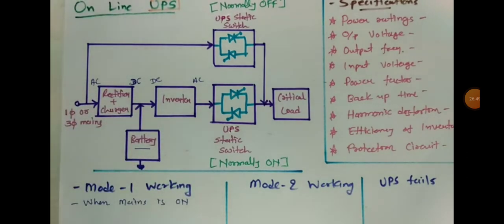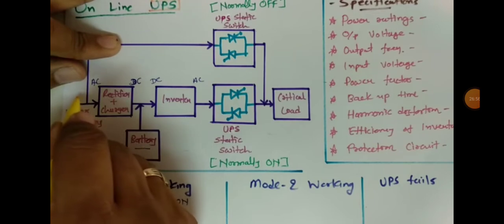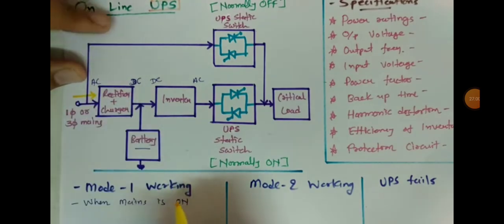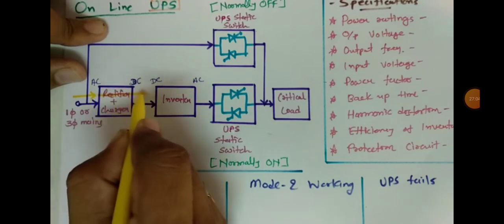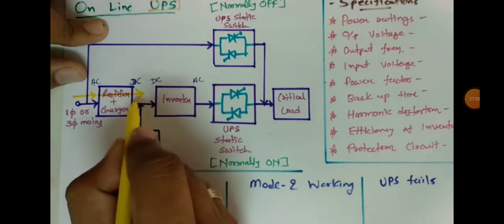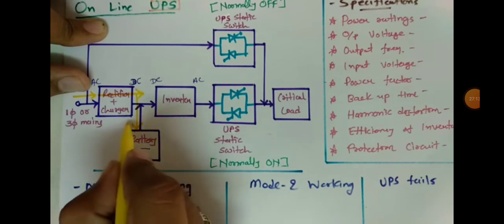At that time, the three-phase or one-phase signal passes through the rectifier, is translated from AC to DC, and that signal is given to the battery to charge the battery.